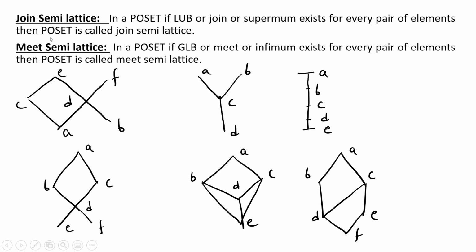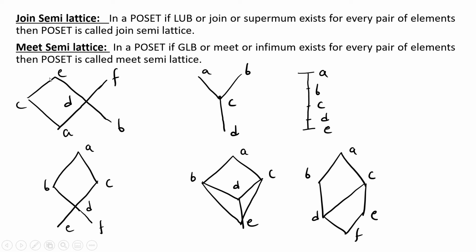Join semilattice and meet semilattice. So in a poset, if the least upper bound exists for every pair of elements, then the poset is called a join semilattice.